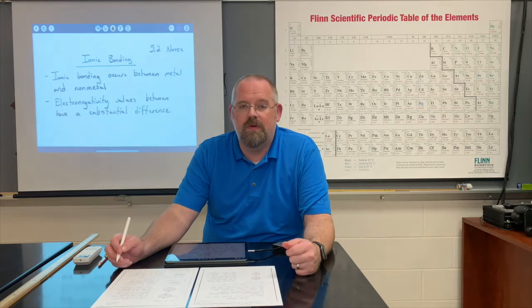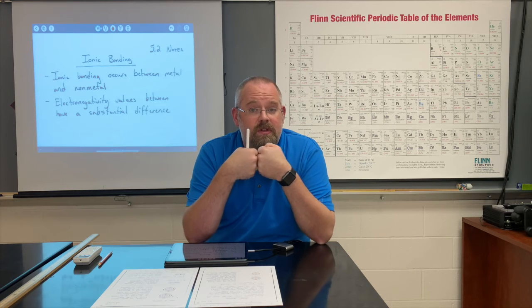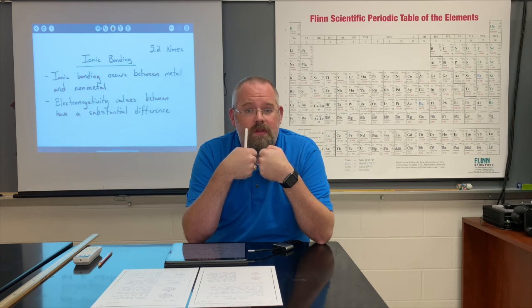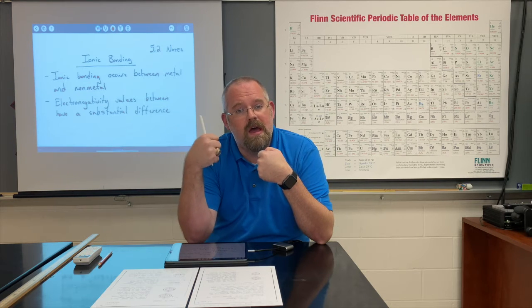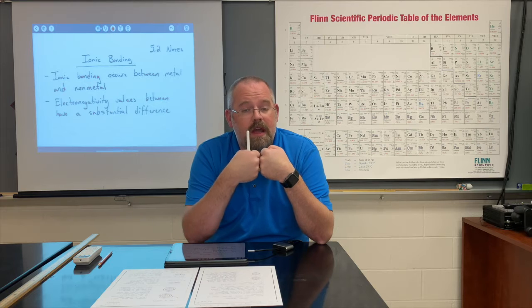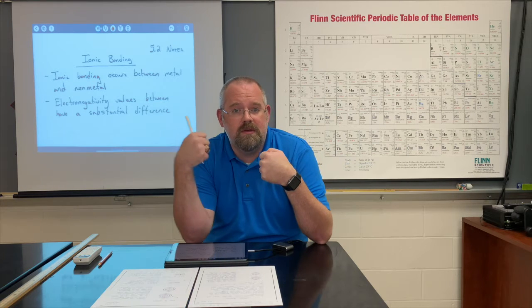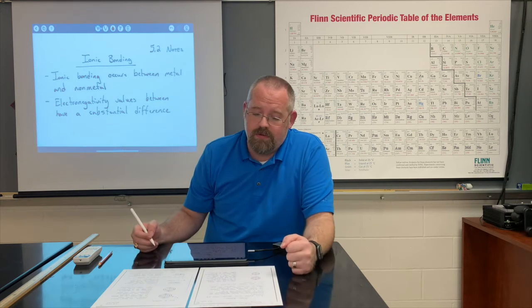Okay, so with covalent bonding, we talked about how those values are really, really close together. So neither atom is strong enough to take the other's electrons. But with ionic bonding, the nonmetals are always going to have a higher electronegativity value, and they're always going to be able to steal electrons from those metals.